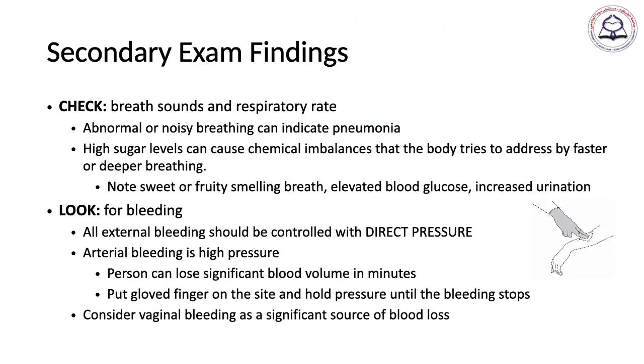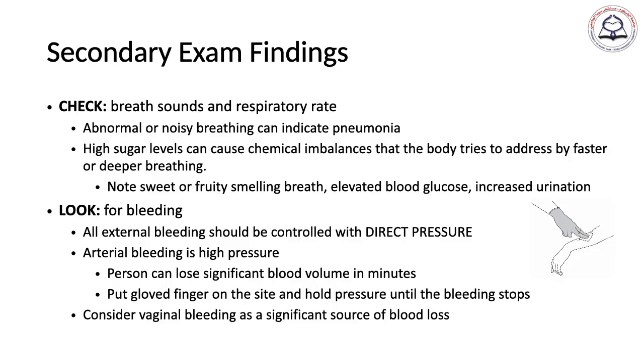During the secondary survey, check breath sounds and respiratory rate. Abnormal or noisy breathing can indicate pneumonia. High blood sugar with Kussmaul and acidotic breathing can happen in diabetic ketoacidosis, and in this patient you see high blood sugar, increased urination, and sweet or fatty smelling of the breath.